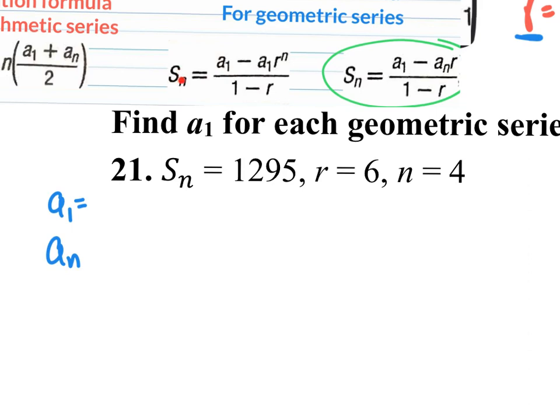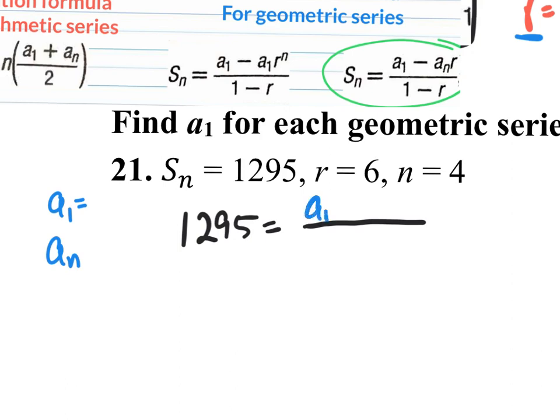It says up here s sub n equals, and we already know that s sub n is that. So let's begin with 1,295 equals the fraction. And up here we have a sub 1, which we don't know, so we're going to keep it as a sub 1.